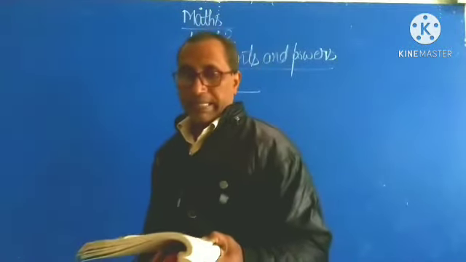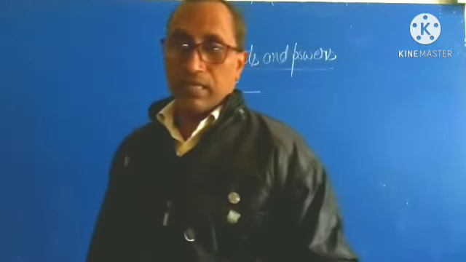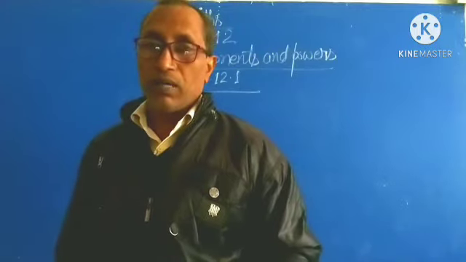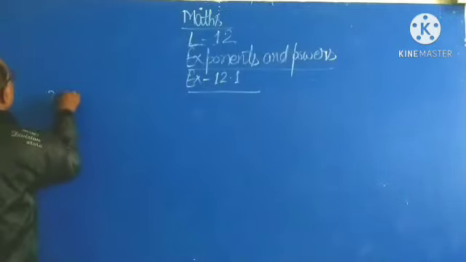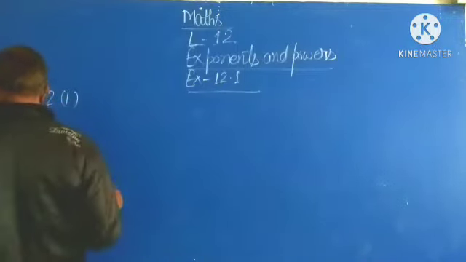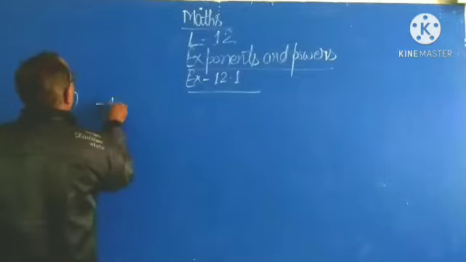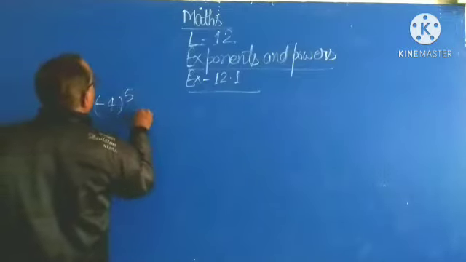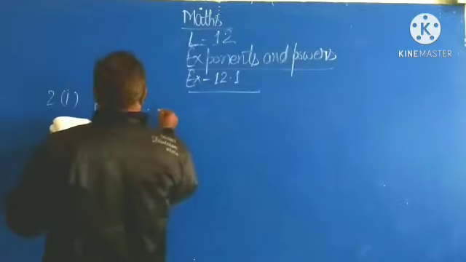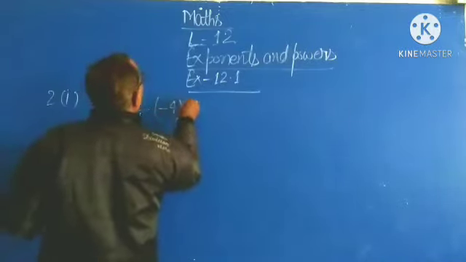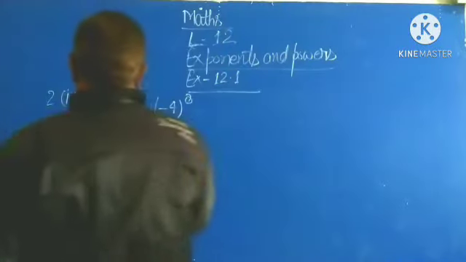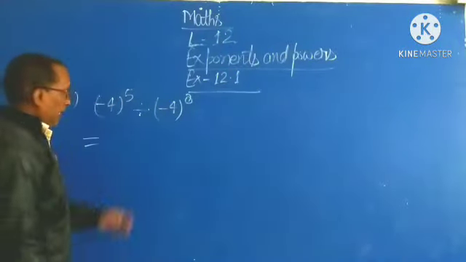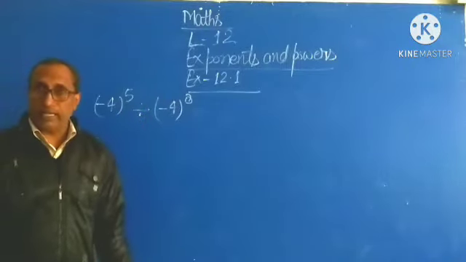So number 2, simplify and express the result in power notation with positive exponent. That first part is minus 4 raised to power 5 divided by minus 4 raised to power 8. When you use laws of exponent, here the base is minus 4 and the division sign is here.